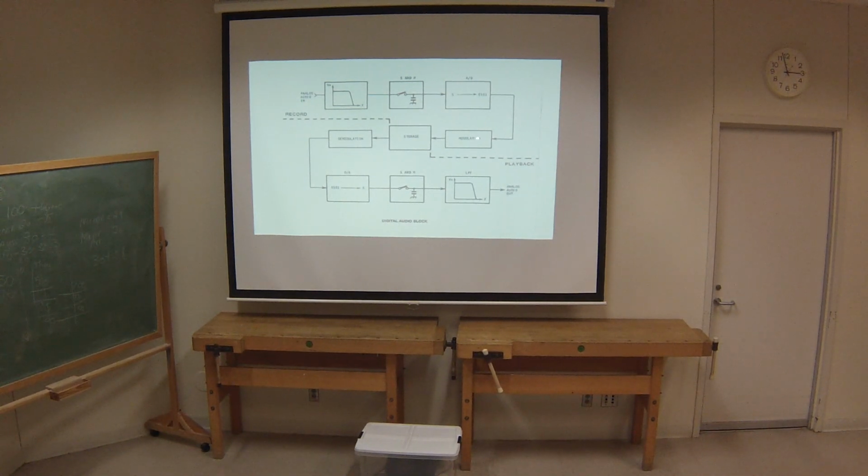And then the output has to go into some kind of modulation generally. If you're going to store it on a CD disc, you're going to use something called EFM, 8 to 14-bit modulation. If you're going to put it on some kind of digital tape, you've got another form of modulation.